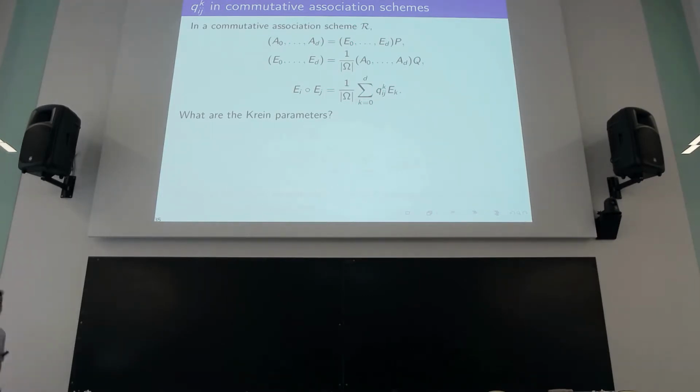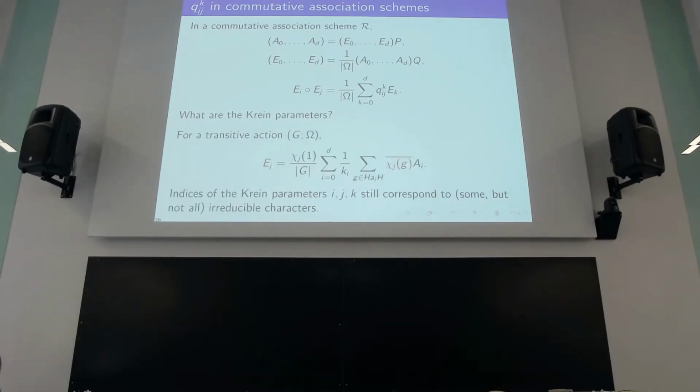Well, we could try to see what will happen by using the same kind of formula. Instead of the formula for central primitive idempotents in the group algebra, we do have the formula due to Curtis and Fossum that gives primitive idempotents in terms of adjacency matrices.